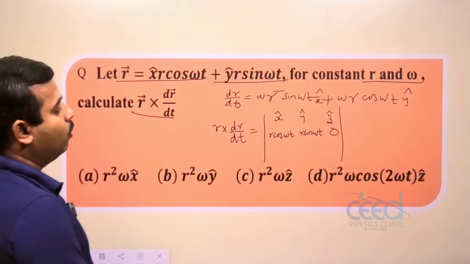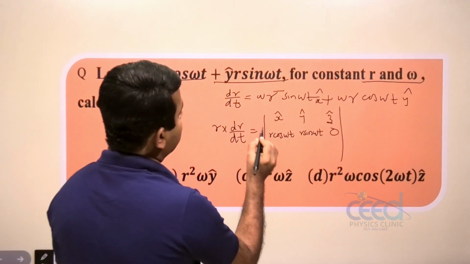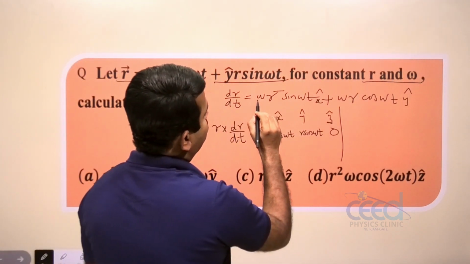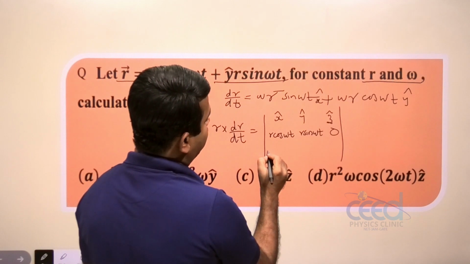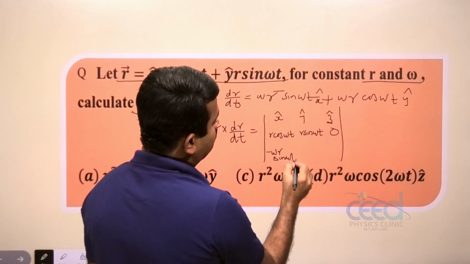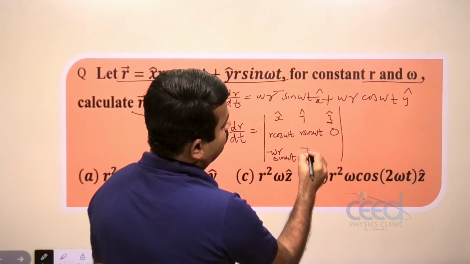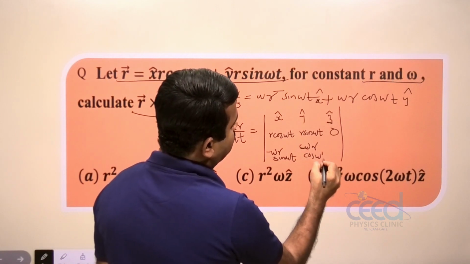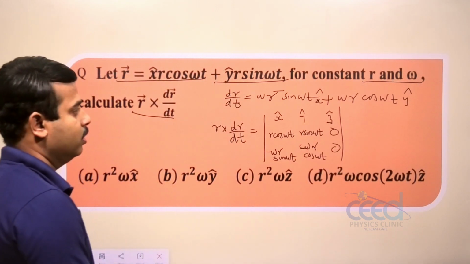Now here also look, the dr by dt component is minus omega r sin omega t, here plus omega r cos omega t, and k cap no component.